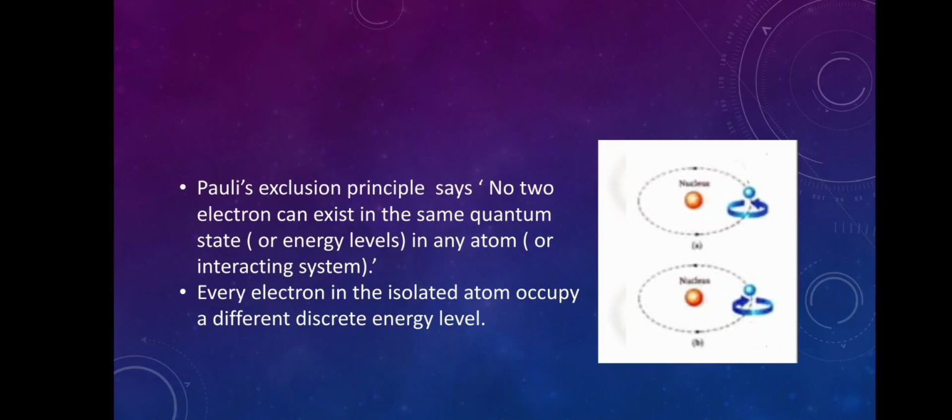Thereby each electron will have a slightly different energy level in the same orbit. Okay, so thereby you have discrete energy levels which are occupied by the electrons in an isolated atom.